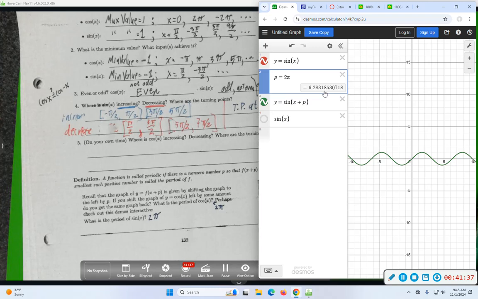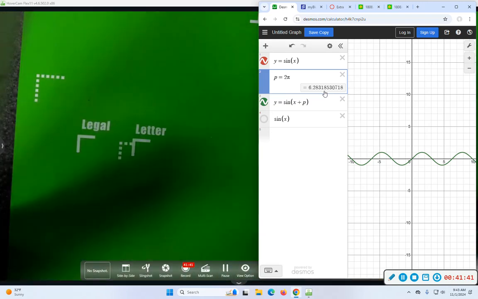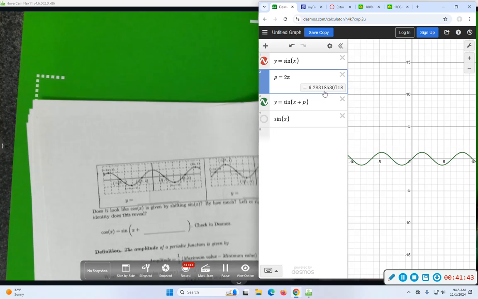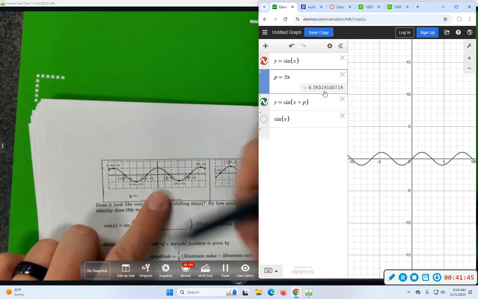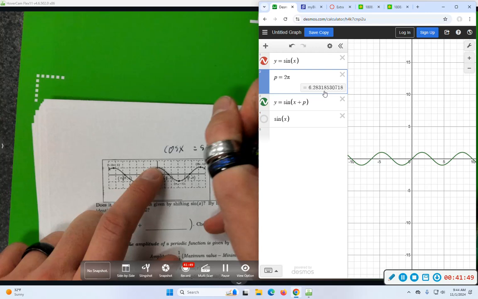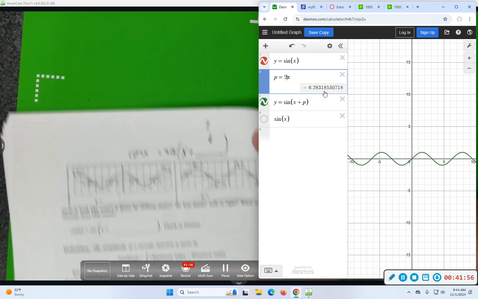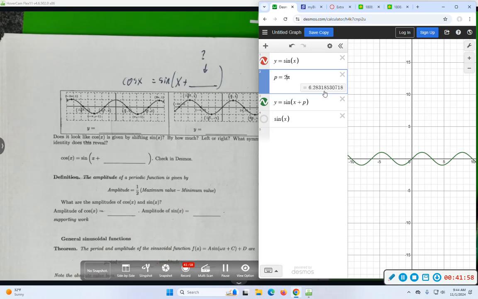So it sure looks like, flipping to the next page now, cosine of x should be the same thing as the sine of x plus something, where that something is how far to the left you should shift sine to get cosine. And I have the graphs back.